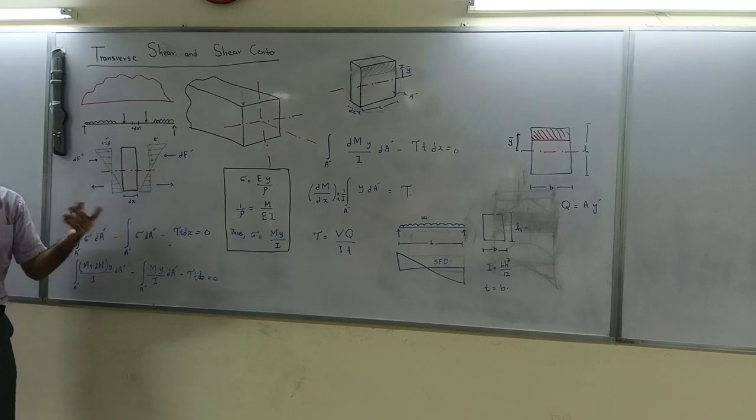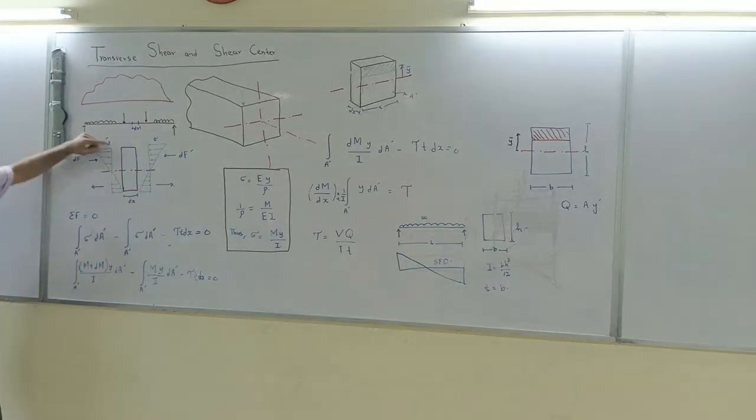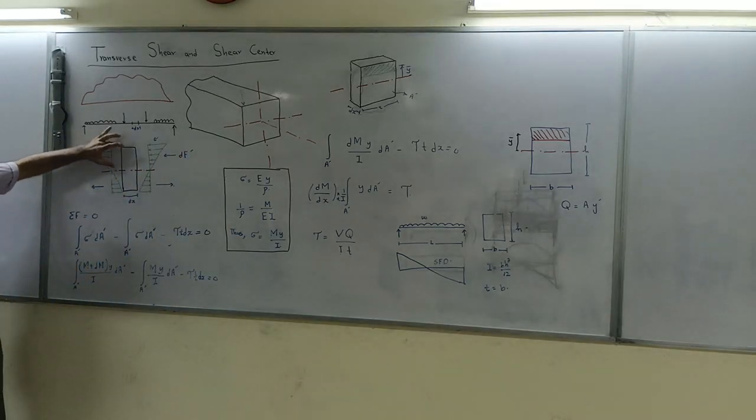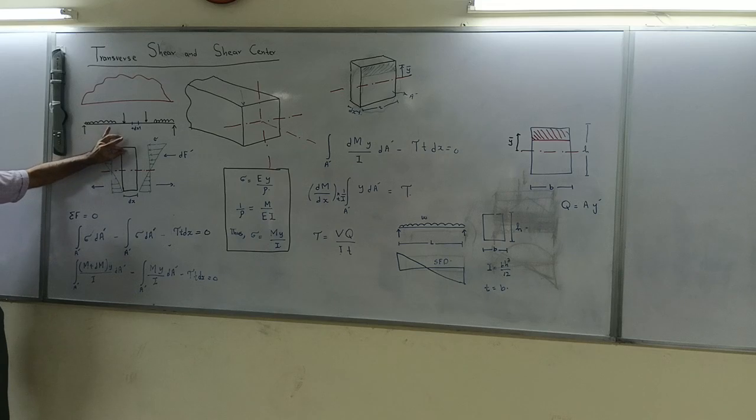The shear, we said, is equal to the difference between these two forces. But as we move down, this difference changes. You can see that over here the difference can be maximum. Then as you move down, the difference reduces.